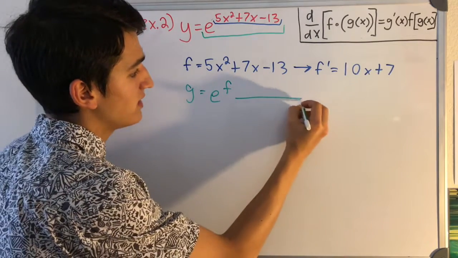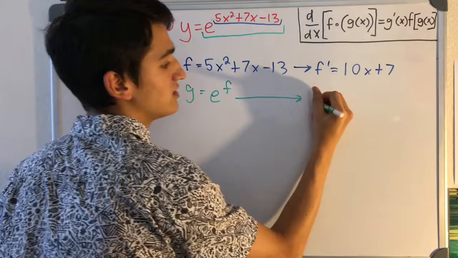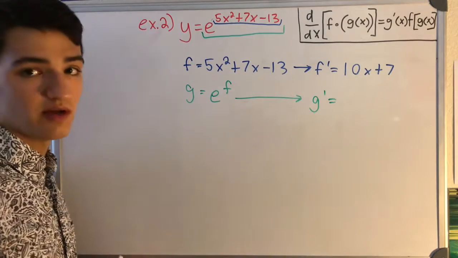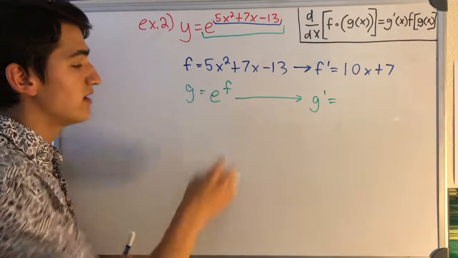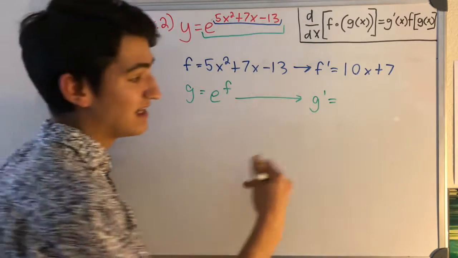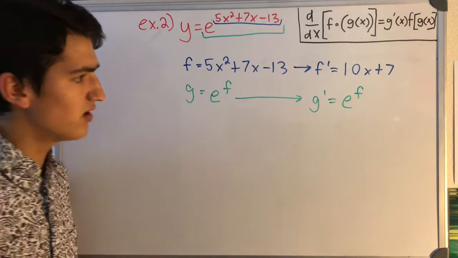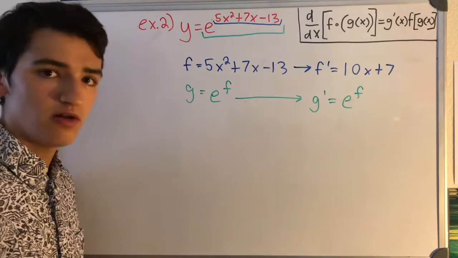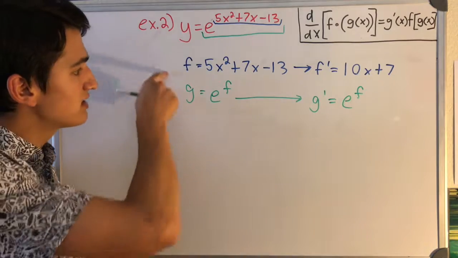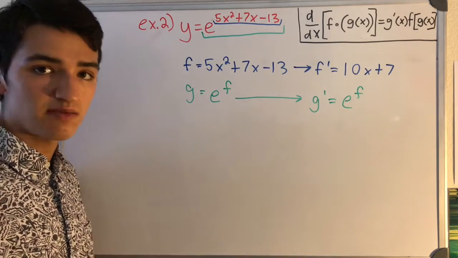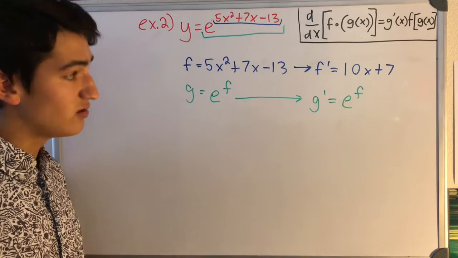And now, just like we did in the last example, we'll take the derivative. So g prime, and we know the derivative of e to the f would just be e to the f again. Now we've recognized all of the functions and taken the derivatives, so it's time to plug stuff in and utilize our equation.